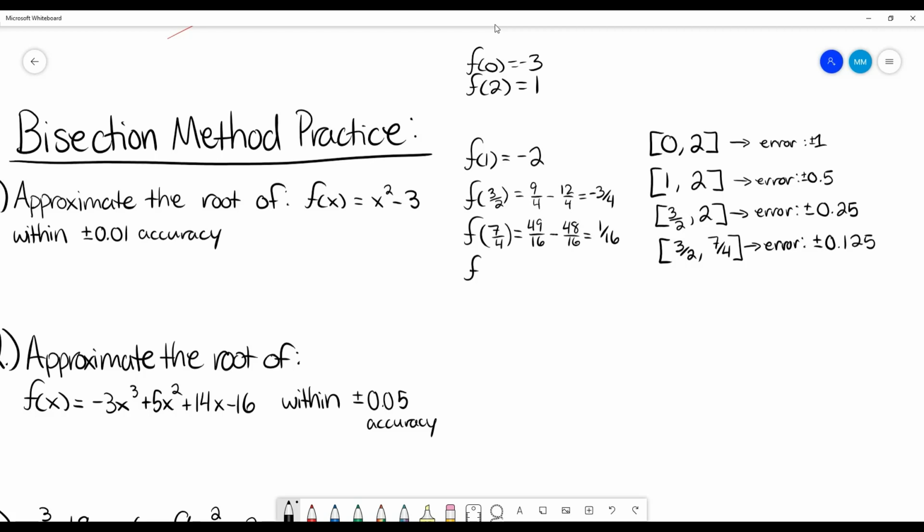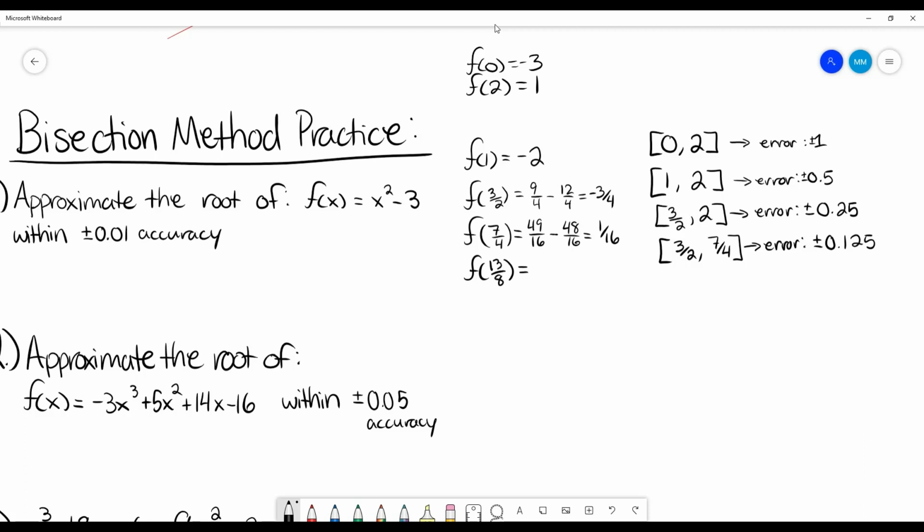And we just keep going. Halfway between 3/2 and 7/4. That's the same as 6/4 and 7/4, or 12/8 and 14/8. So we want to plug in 13/8. And obviously with the bisection method, we're typically allowed to use a calculator, so I don't have to be using fractions right now. I could just be plugging this into my calculator. But for the sake of neatness on our page, I'm just going to use these fractions.